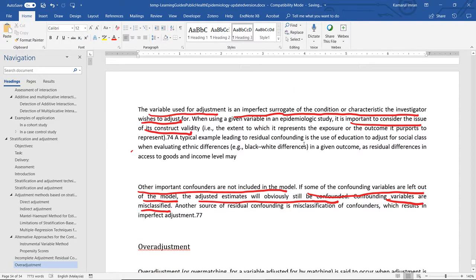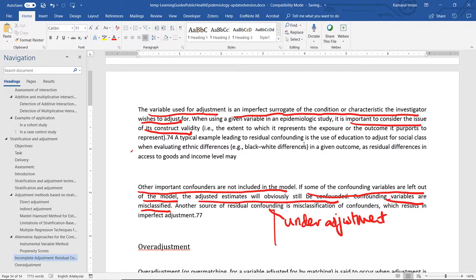So in this example, this is perhaps what we can consider as under-adjustment.